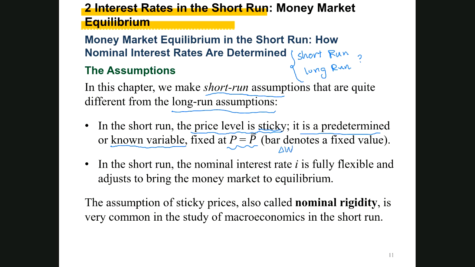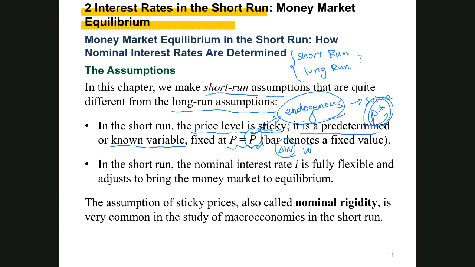Remember, the wage is given. But in the long run, the wage, the price, becomes endogenous, which means we are trying to solve for the price in the long run. So price in the long run becomes flexible.